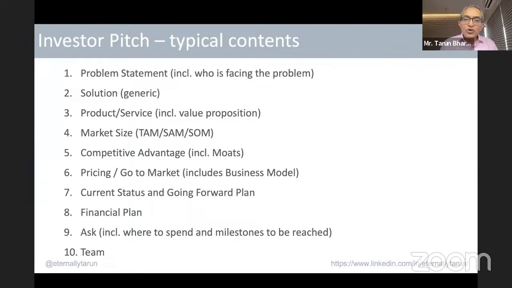So, if you do not get data pertaining to your product and the use case that you are trying to solve, my suggestion would be that you look at the surrogates, okay? What are the alternatives which are being used, and therefore, what is the market size for those products? That could be one way.